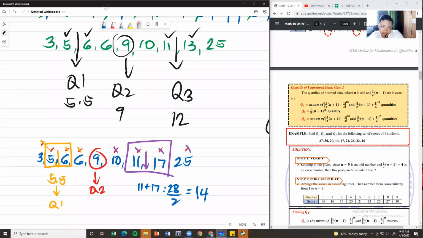So our quartile 3 here is 14, because that is the average of those values in our set of data. Got it? Show me a reaction if that's clear. Very good.